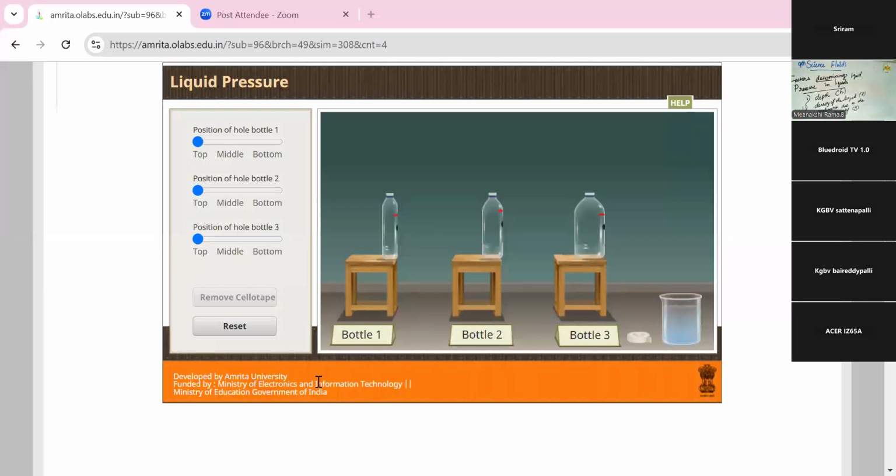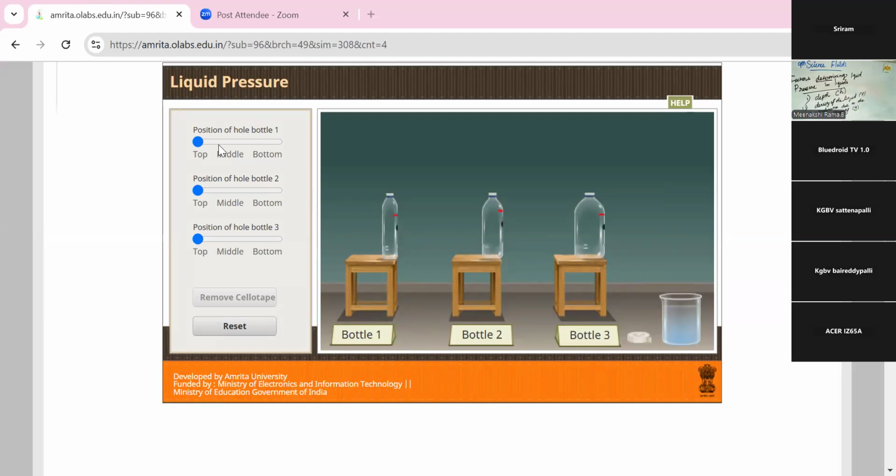With the help of the simulation, we are going to learn the concept, that is, what are the factors that determine the pressure in the liquid. We are taking three different sizes of bottles, named bottle 1, bottle 2, and bottle 3.